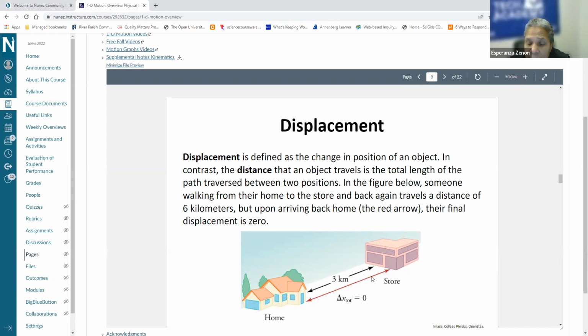So in this instance, the distance is 6 kilometers to go from home to the store and back. And how much time did that take? Maybe it took them 2 hours. Maybe from home, went to the store, did some shopping, came back home 2 hours later. So their speed is 6 kilometers divided by 2 hours, or 3 kilometers per hour.